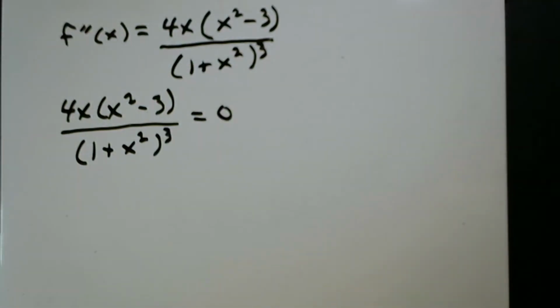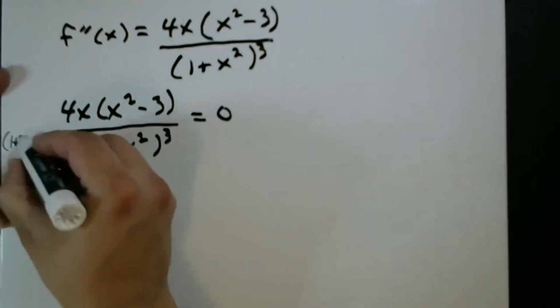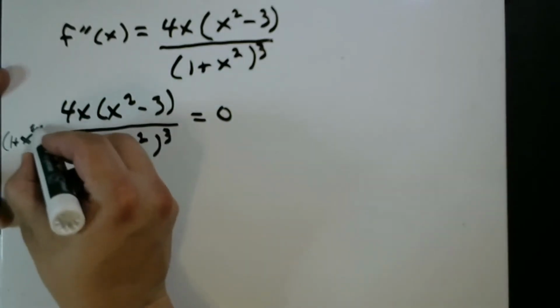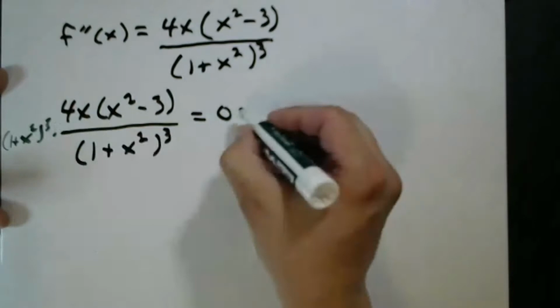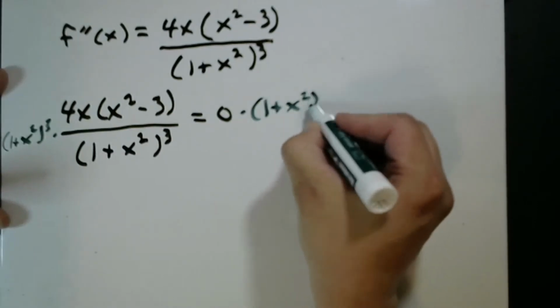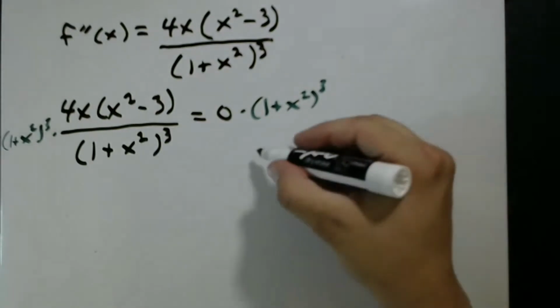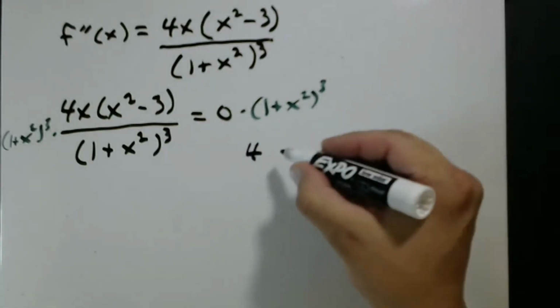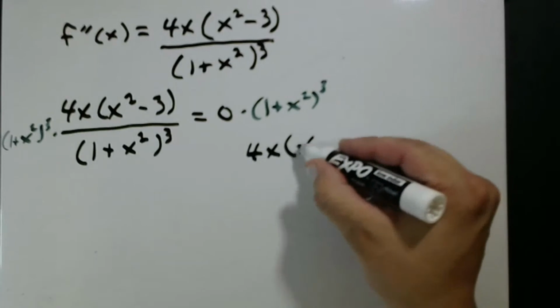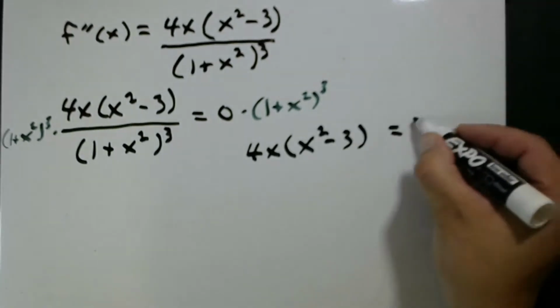So solving for x, we'll multiply both sides. And so we'll get 4x times (x squared minus 3) is equal to 0.